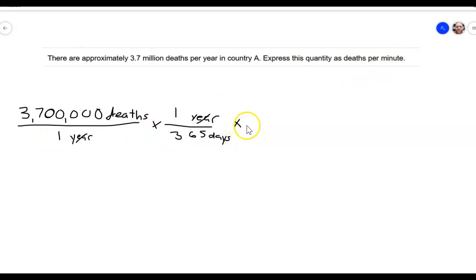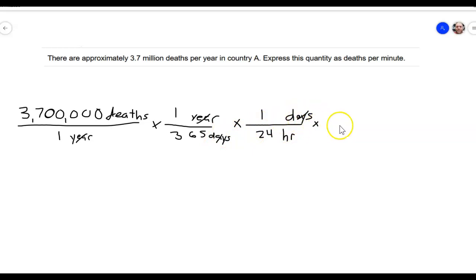And then I want to get rid of my days, so I want to put the days on top. So in 1 day, I have 24 hours. And notice that I put the days across from each other. Since this was on the bottom, I put the days on top over there. So those will cancel out.